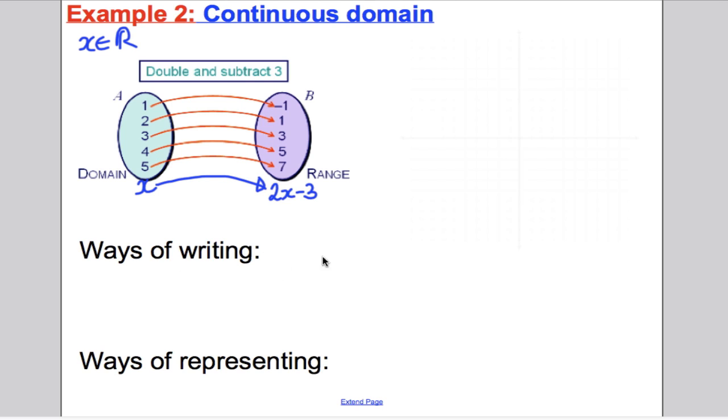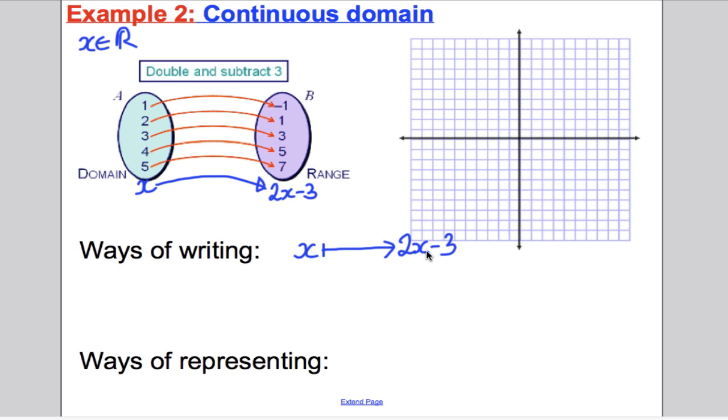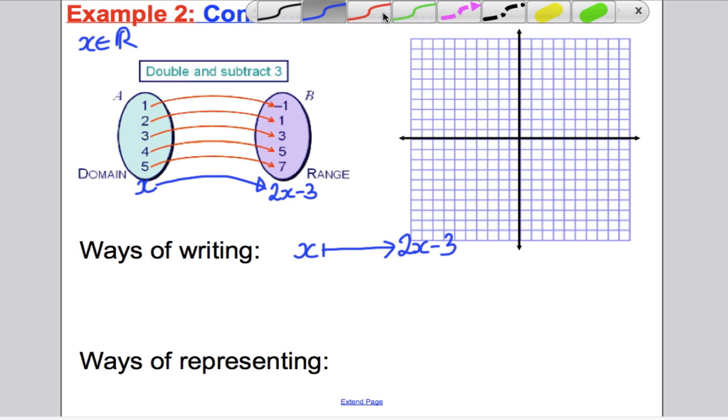How could we write this type of thing? Well, we could say x, you put an x number in and you get out 2x minus 3. How could I represent this? Well, this is where I want you to start thinking now when you're thinking of mappings, and later when we talk about a function. Always try and draw a picture for these type of things. So you put an x number in, you get a 2x minus 3 out.